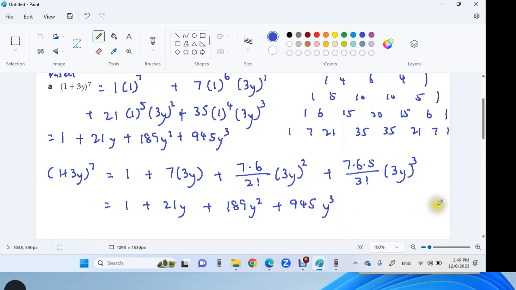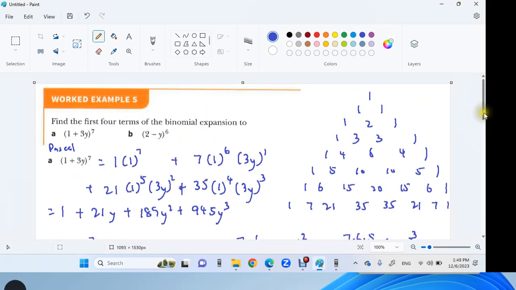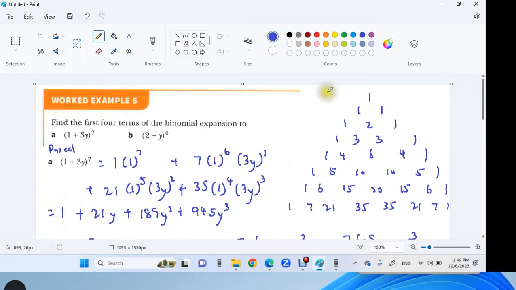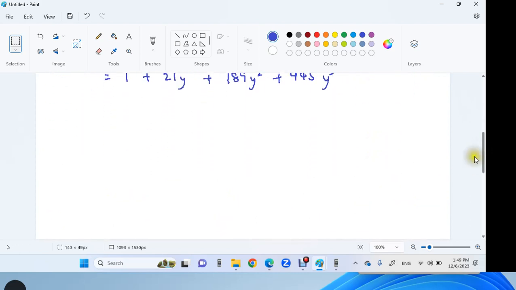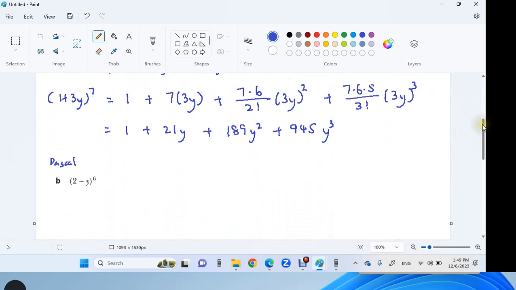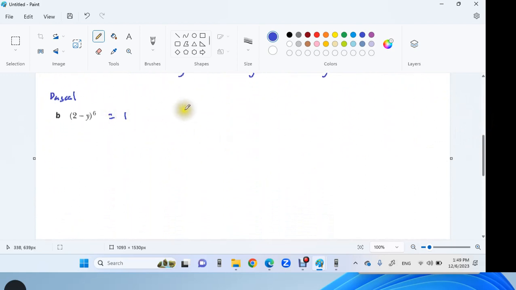Yes, if we are using binomial expansion, it will be easier. Okay, so for part B here, I'm using the Pascal triangle again. So this one, if I'm using the Pascal, then it's 1, 6, 15, 20, 15, 6, 1.